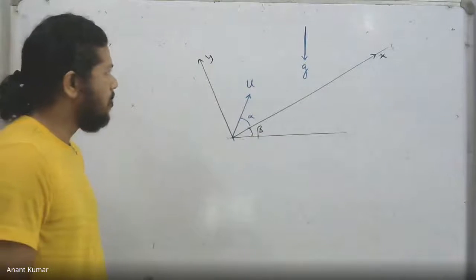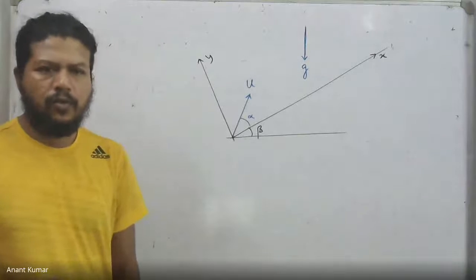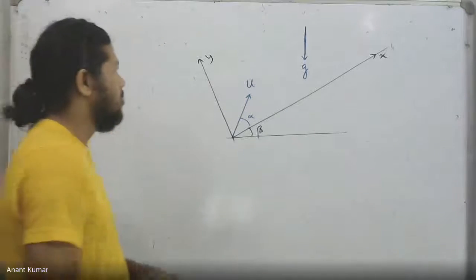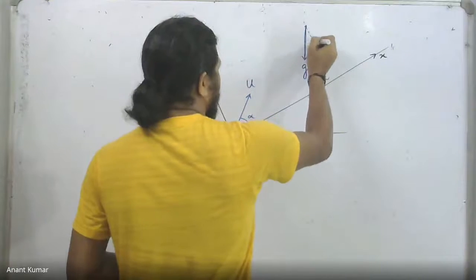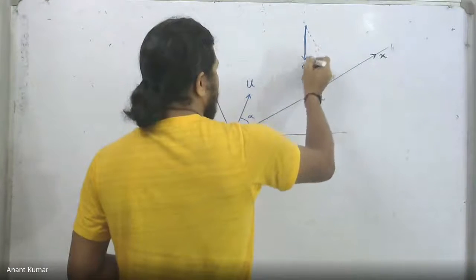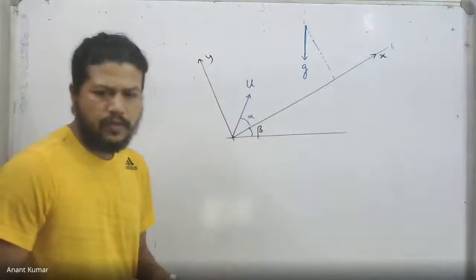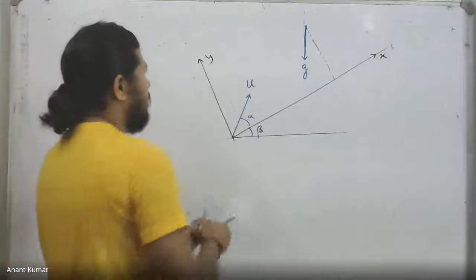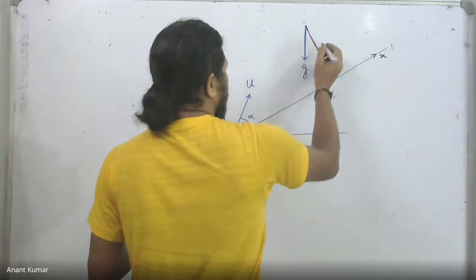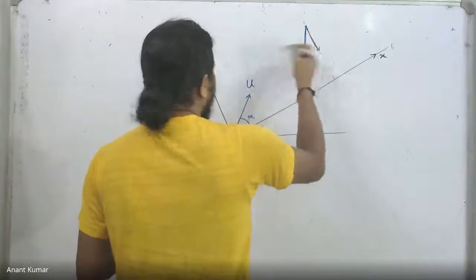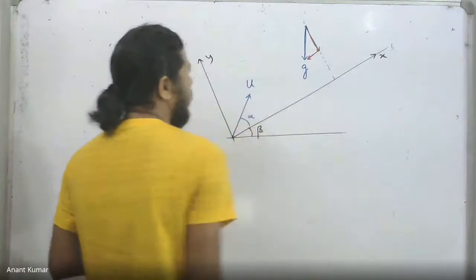So I would like to break it up into components parallel to the two coordinate axes, that is, perpendicular and parallel to the inclined surface. This part is the component parallel to the y-axis, and this will become parallel to the x-axis.